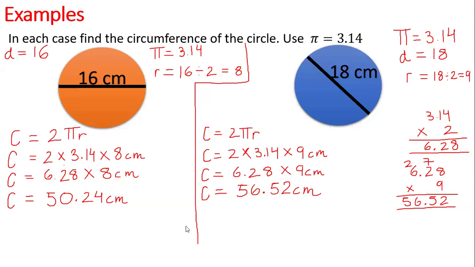Deonce, where's Deonce? I need you to explain how we got 56.52, please, because Satazia said that she didn't understand. Where's Satazia? Are you there? Yes, sir. What part don't you understand, Satazia?